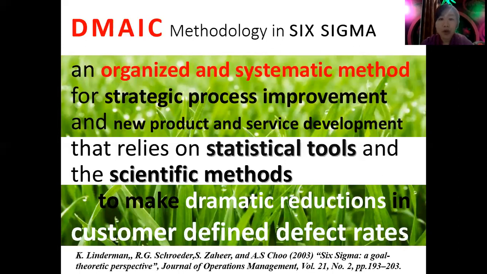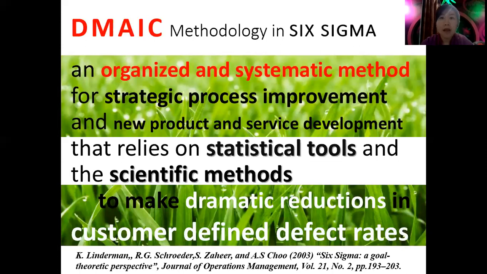Six Sigma projects always calculate everything in financial numbers, whether it is the percentage of cost reduction or the percentage of revenue increase. In customer-defined defect rates, one of the powers of the Six Sigma approach is that it is a data-driven approach.